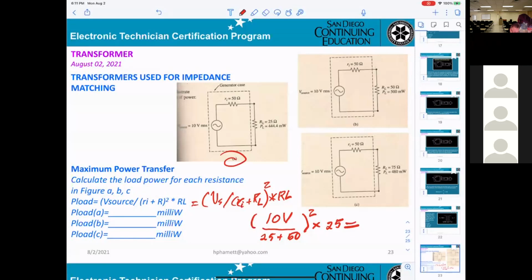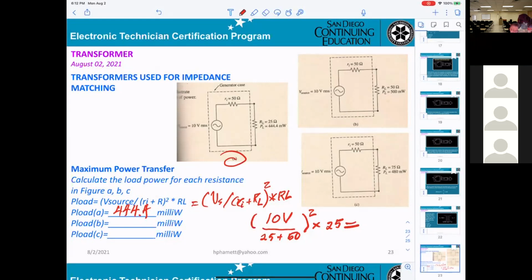No, the answer is 444.4 milliwatts. So 75, 444.4. Purple and blue is not correct there. Okay.